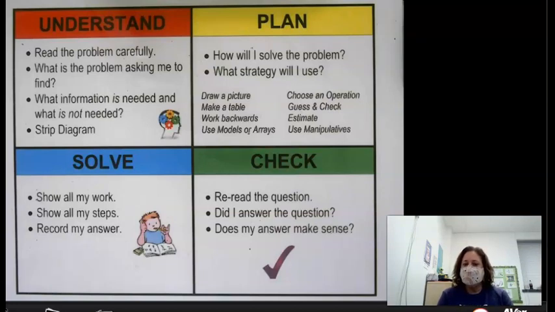And you, of course, have checked to make sure that your answer makes sense. So if you rounded, you know that your answer is close to your estimate. If you added, then you can do subtraction to check that. If you divided, you can do multiplication to check that. So whatever the opposite operation is, you can check your work that way.